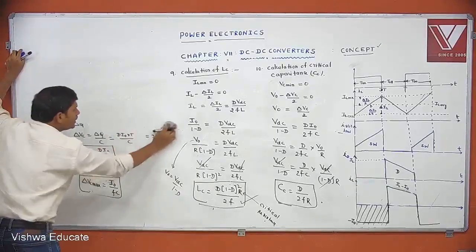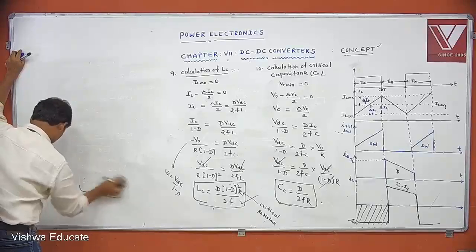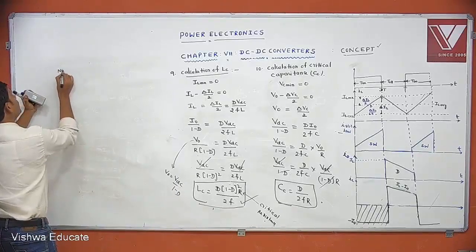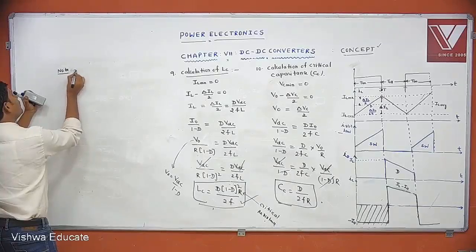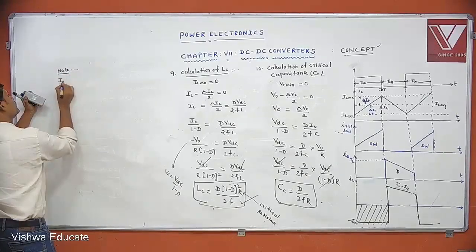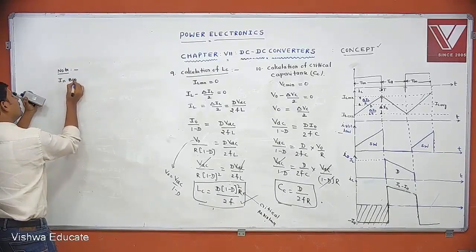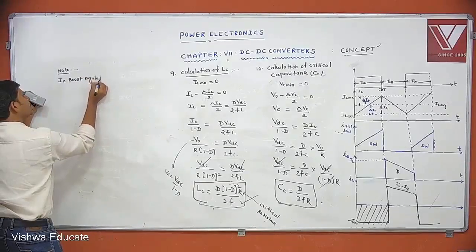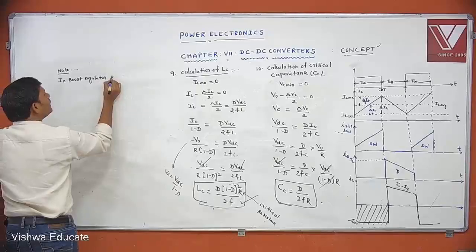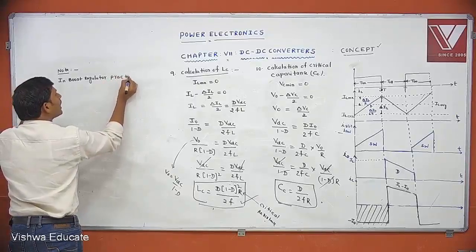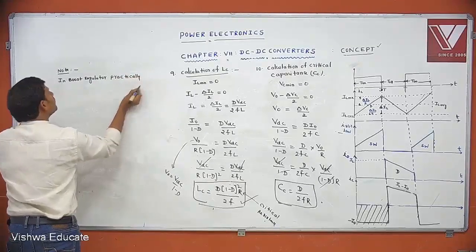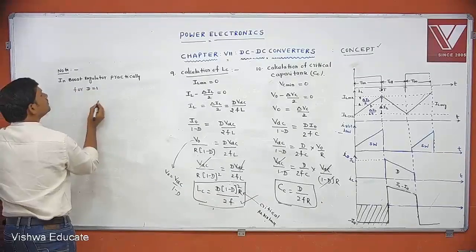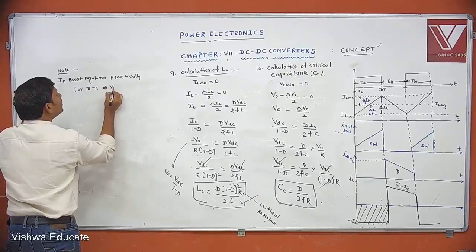In the boost regulator or step up chopper, you can write one note. In the boost regulator, practically, for D equal to 1, for duty cycle equal to 1, V naught equal to 0.